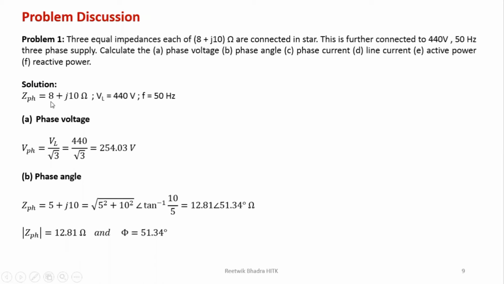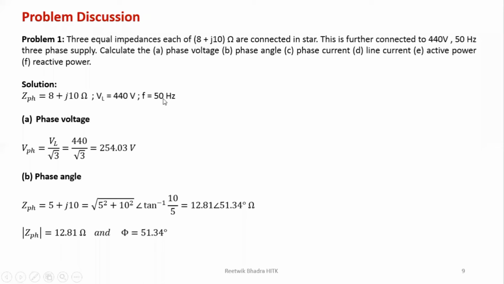So I have written ZPH as 8 plus j10, and plus j means it is an inductive load. R plus jXL is for your inductive load, so this is basically inductance. These two things should come to your mind when you see the value. Next, it is a star connection, further connected to a 440 volt 50 hertz supply.